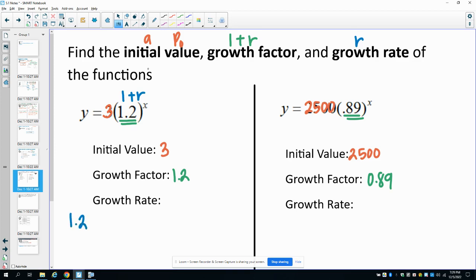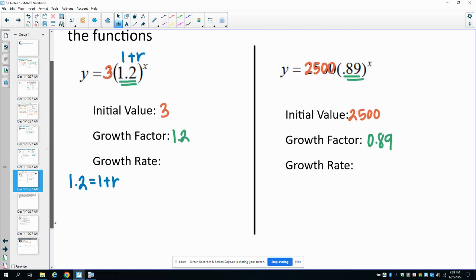So you can say 1.2 is equal to 1 plus r, and then solve for r. So you're just subtracting 1. So now we're getting 0.2 is our growth rate. And often when we write rate, you could say r equals 0.2, but when we say the rate, we often say it as a percent. Okay, so the growth rate, if it's 0.2, you multiply by 100 to get your percent. So then this is 20%. So it's an increase or a growth rate of 20%, plus 20%.